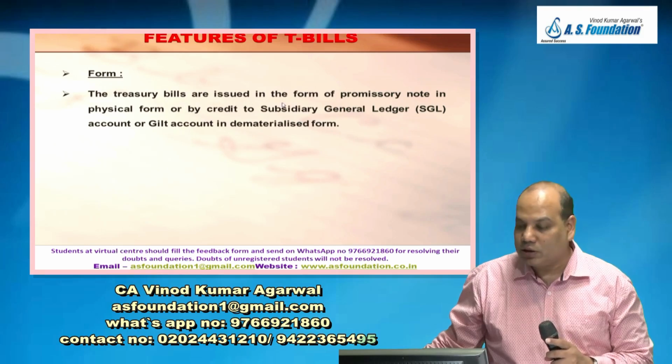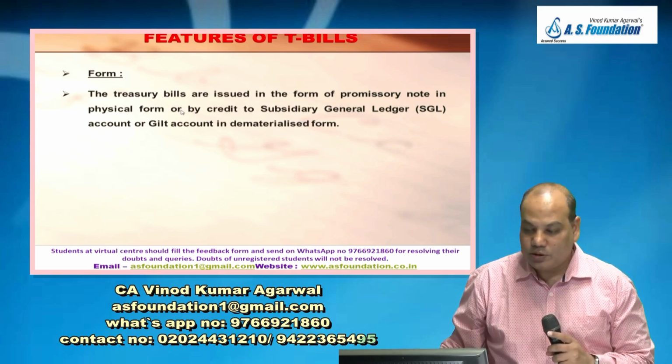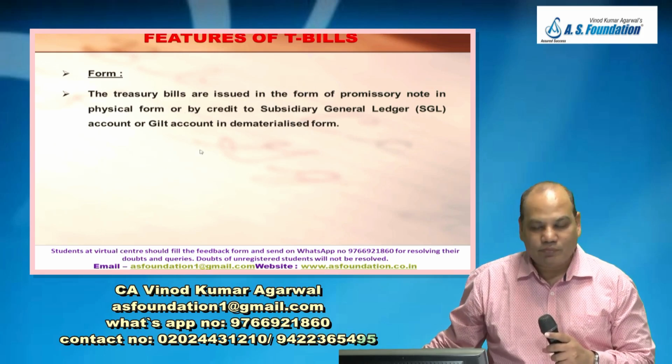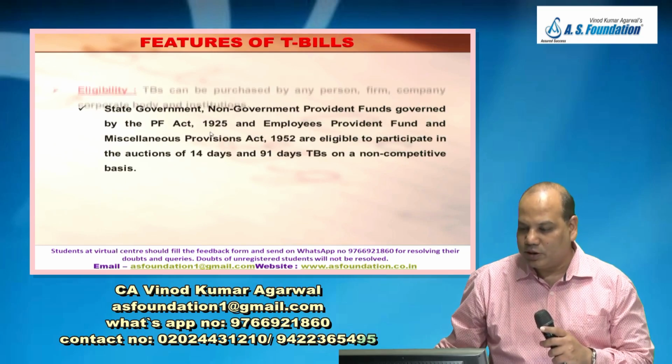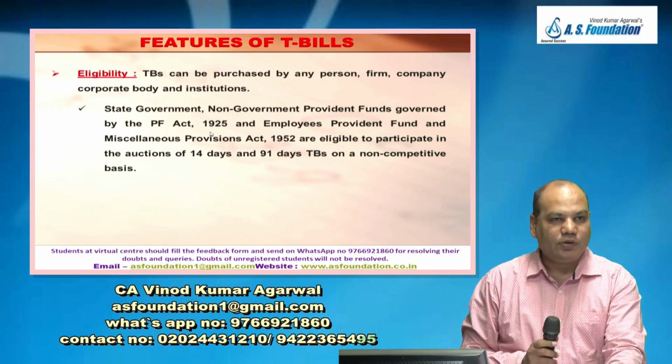The treasury bills are issued in the form of promissory note or in the physical form. That means there will be certificate, or by credit to the subsidiary general ledger account or gilt account in the dematerialized form. So now even this instrument has been dematerialized. So you can get in physical form or demat form.